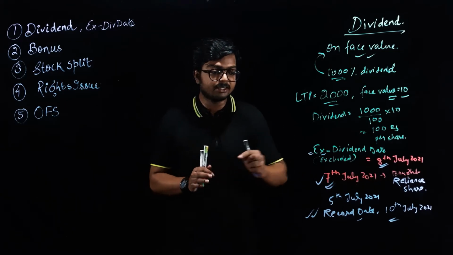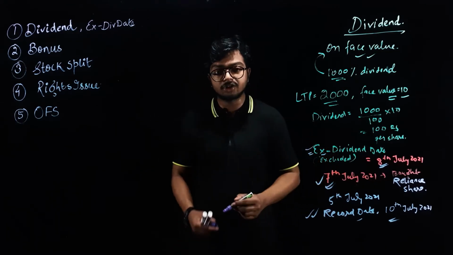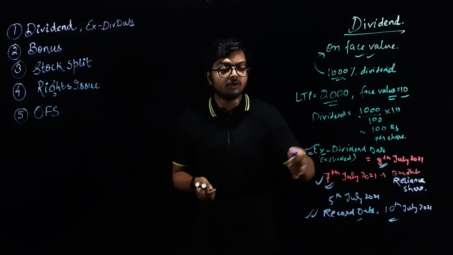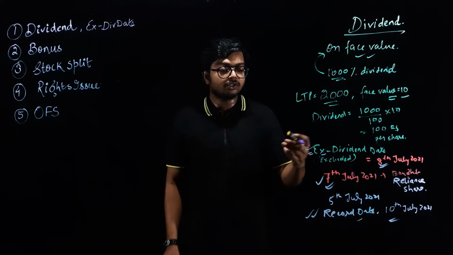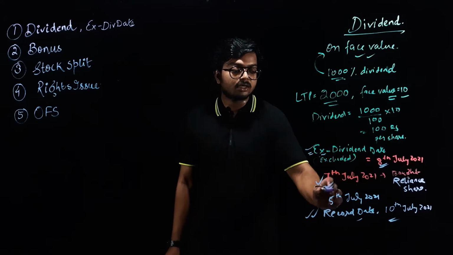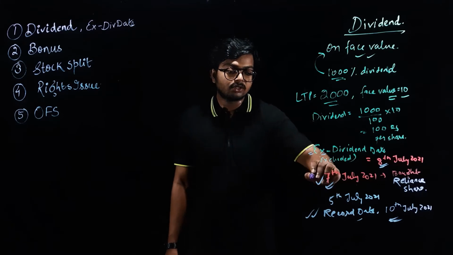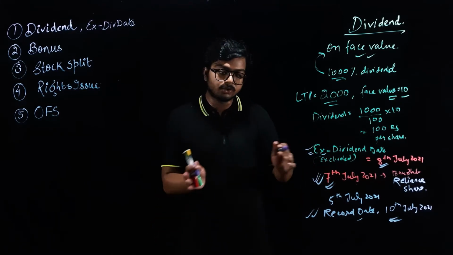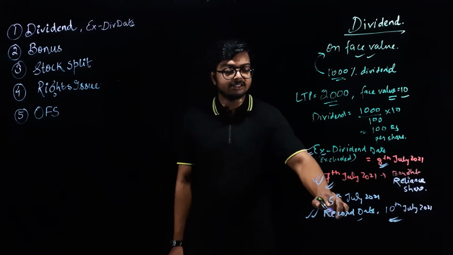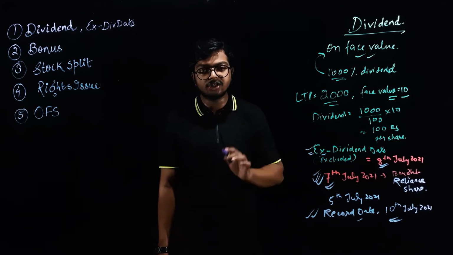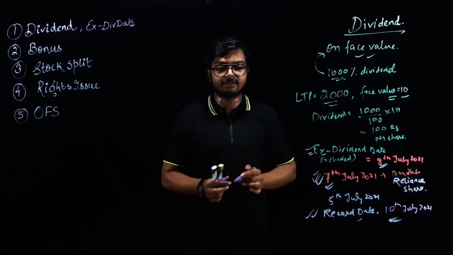You should remember that this ex dividend date is mentioned in the dividend section. I will be showing you in the next demonstration video where to see this. So your shares must be in your account on the record date. You can purchase it on 7th of July so that your shares are in your Demat account on this record date. So remember this, before ex dividend date you must buy the shares if you want to earn the dividend.